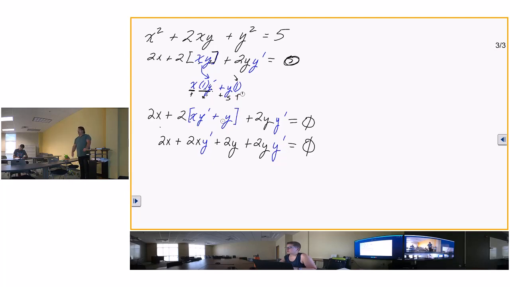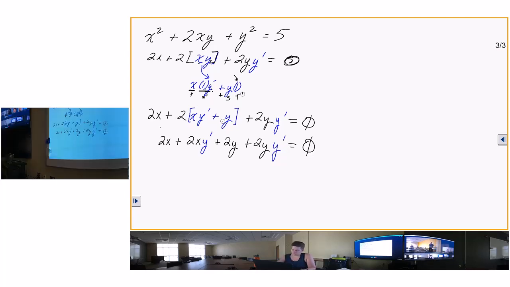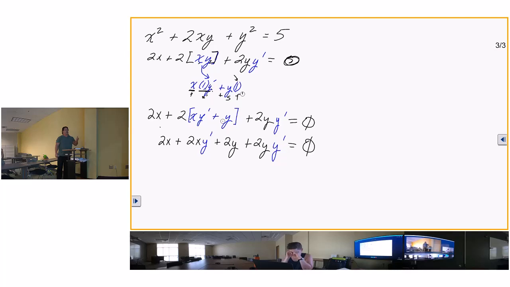Take them over to the other side. Why? Because you've got to get what by itself? Not y, but y prime. That's why it's blue. Think of y prime as the variable you're solving for and use your algebra skills to get that y prime by itself. Do it. Because there's no more calculus.